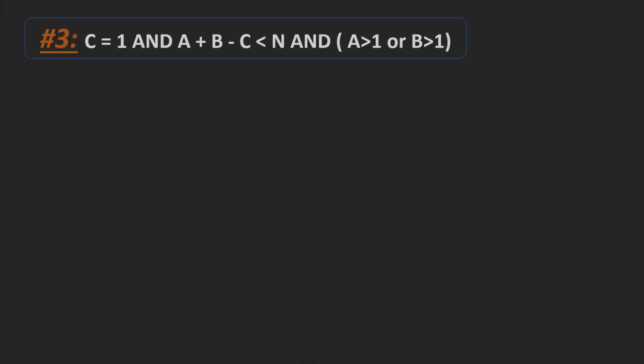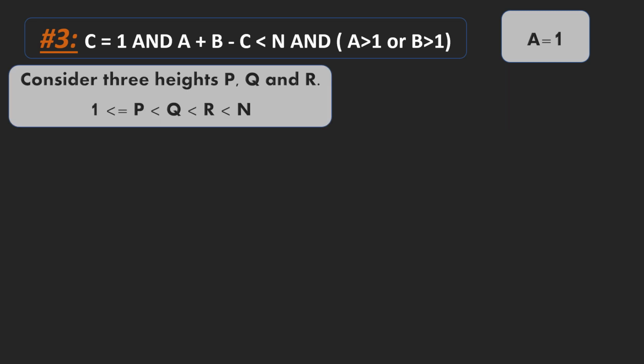Second subcase for when we only have one common building. This case is divided further. If A plus B minus C is less than N, then we have two more cases. First case, when A is equal to 1 and B is greater than 1. Consider three heights P, Q and R as shown.